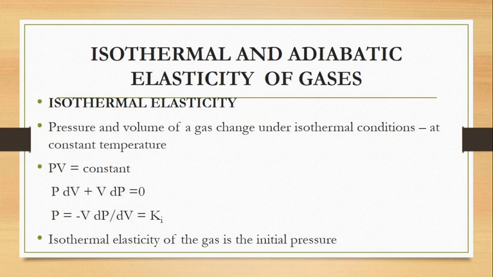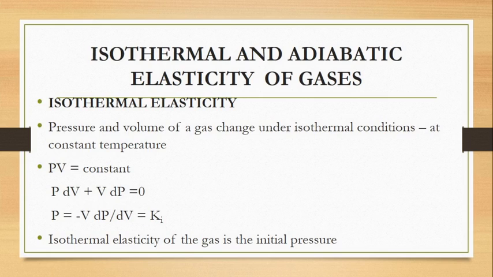And we know that for an isothermal process, P into V is equal to a constant. So that is the equation representing an isothermal process. You can take the differential of that equation. So P into dV plus V into dP is equal to 0. From that you can write P is equal to minus V into dP by dV.